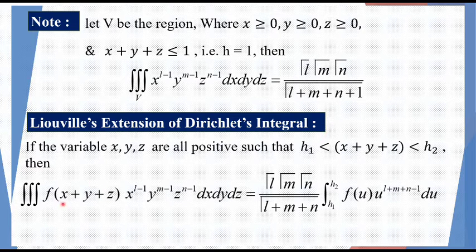Likewise, if it is x square plus y square plus z square, then we can replace u by that expression, or we have to convert this limit in terms of the function.